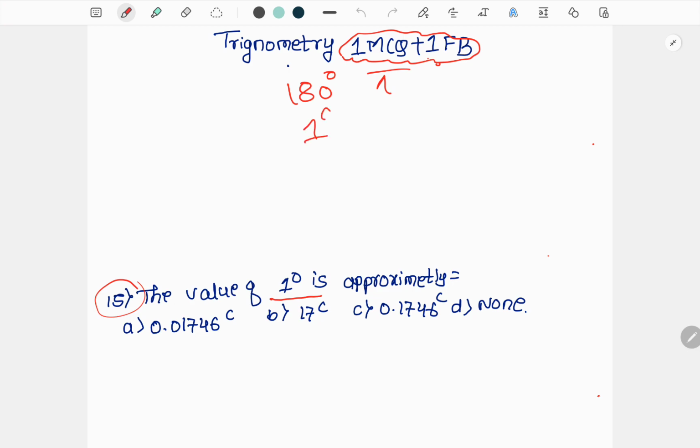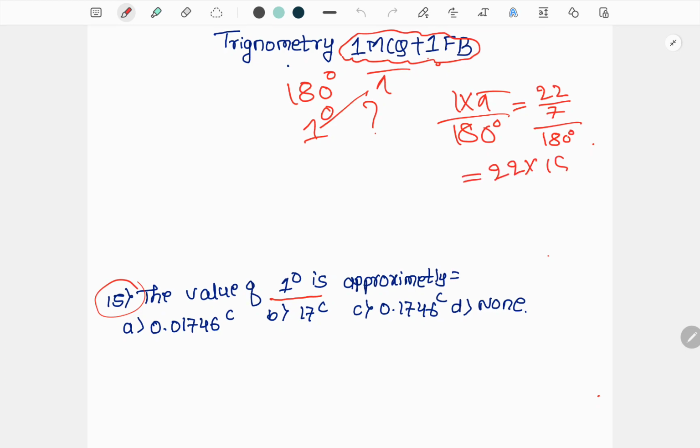So 1 degree means how much? So this into this, 1 into pi divided by 180. Again the same, the pi value is 22 by 7 divided by 180, or it is nothing but 22 by 7 into 180. So can you do this?